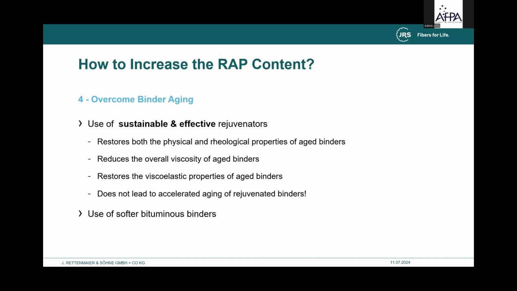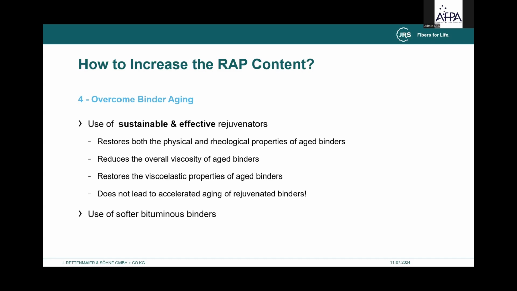Better to use a sustainable and effective rejuvenator, which restores both the physical and the rheological properties of the binder. It reduces the overall viscosity, it can reduce viscoelastic properties, and definitely that should not lead to accelerated aging of the rejuvenated binder.